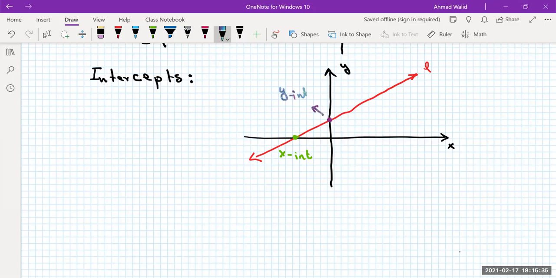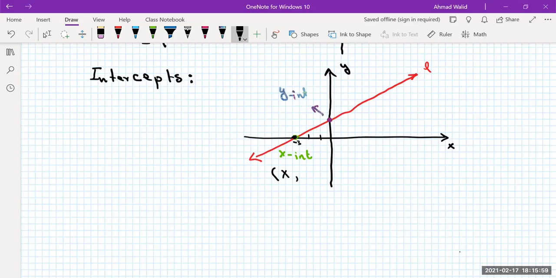Now, a few things about the x-intercept and y-intercept. When you look at the x-intercept of the graph, your x coordinate has a value. For example, in this graph, maybe it's -3. But how much is your y?